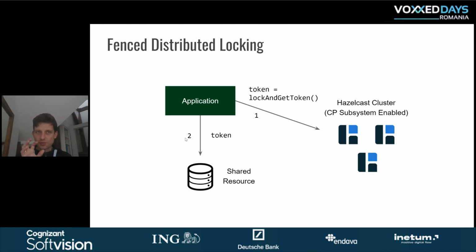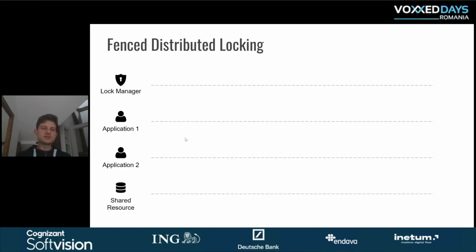It needs to be aware of the mechanism. And if the shared resource notices a token which is smaller than one it has already seen before, it should reject it. Let's look at the diagram.